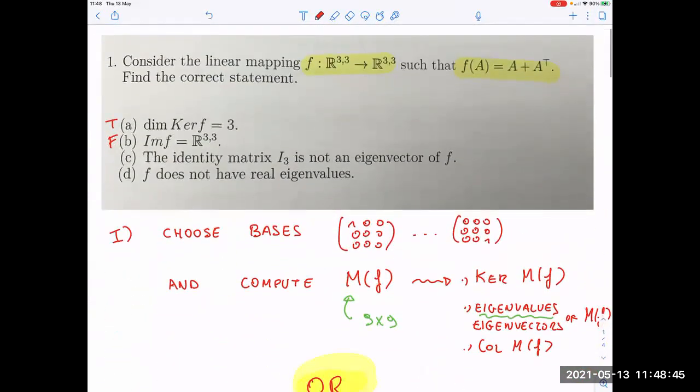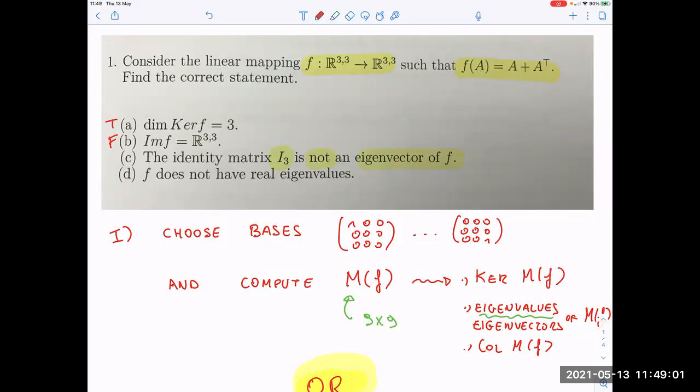So let's go here. You see, this is very, very easy to check, because this is saying that a given matrix is not an eigenvector. So what does it mean to be an eigenvector of F?